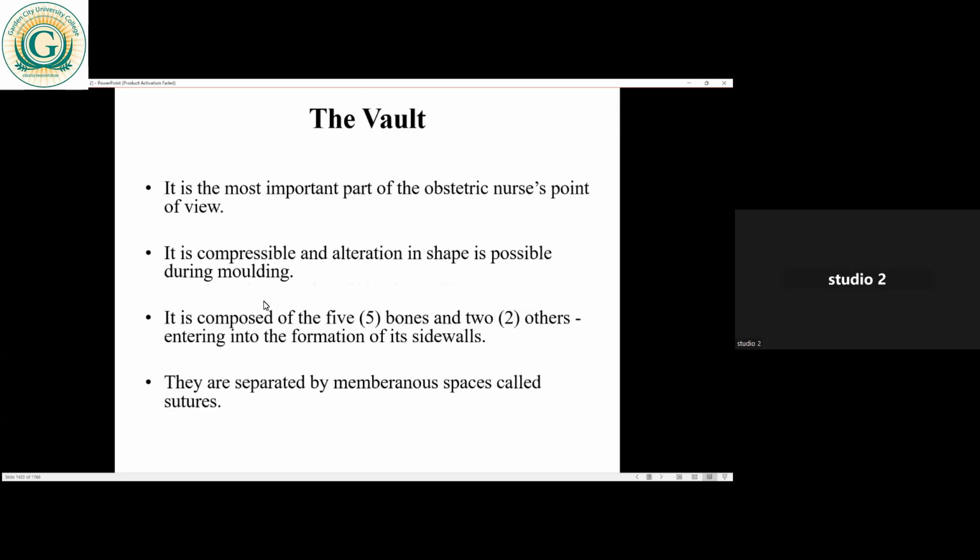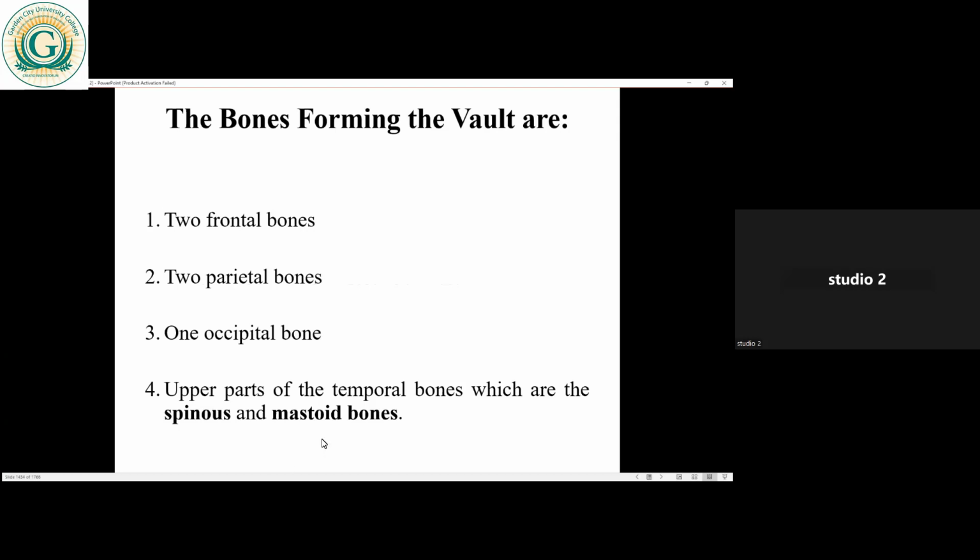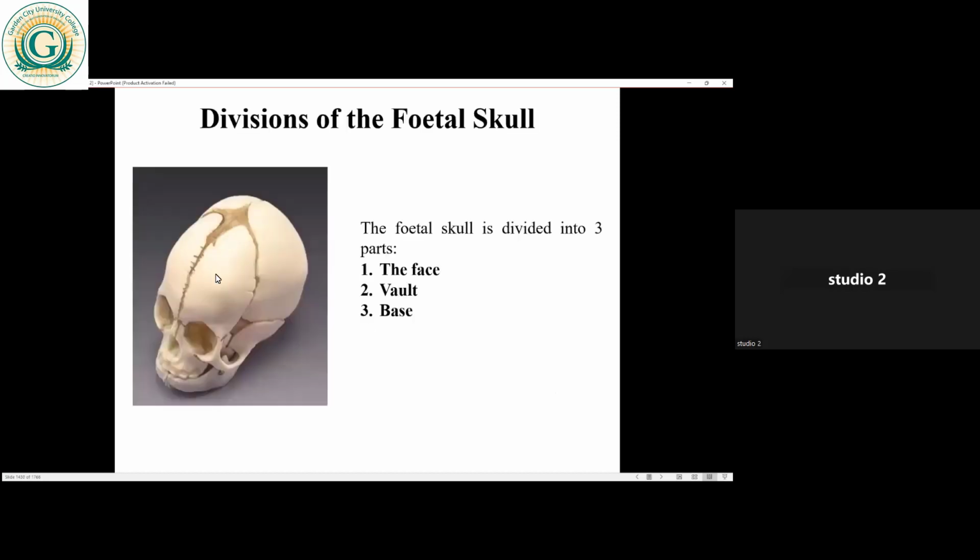The bones forming the vault are the 2 frontal bones, 2 parietal bones, and the occipital bone. Then we have the sphenoid and mastoid. Let me go to the first diagram.